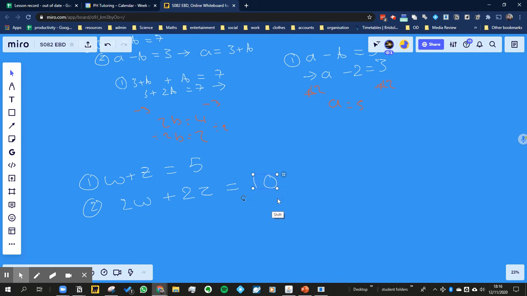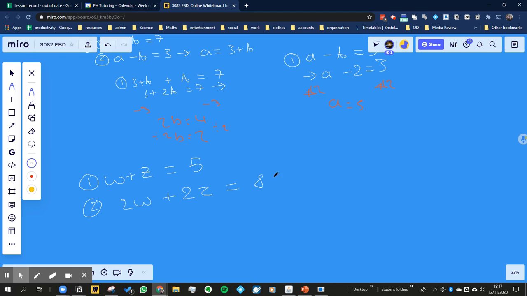So it's not really two equations, it's just one equation. And likewise, if it wasn't equal to 10, but something like 8, that can't be solved either. They both can't be true, because if w plus z is equal to 5, then 2w plus 2z must equal 10, right? Or if it's true that 2w plus 2z is equal to 8, then w plus z must equal 4.